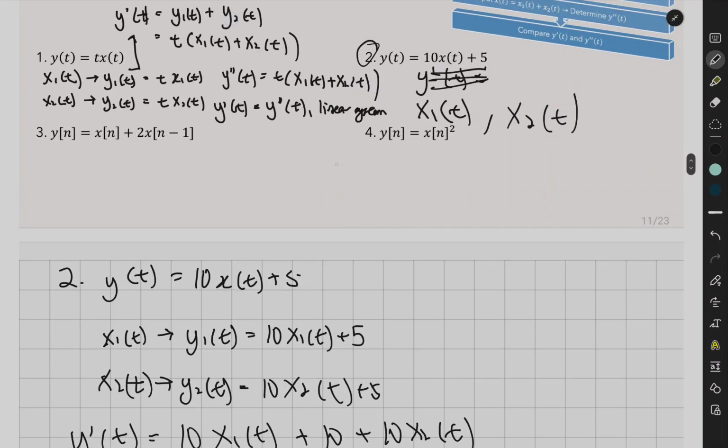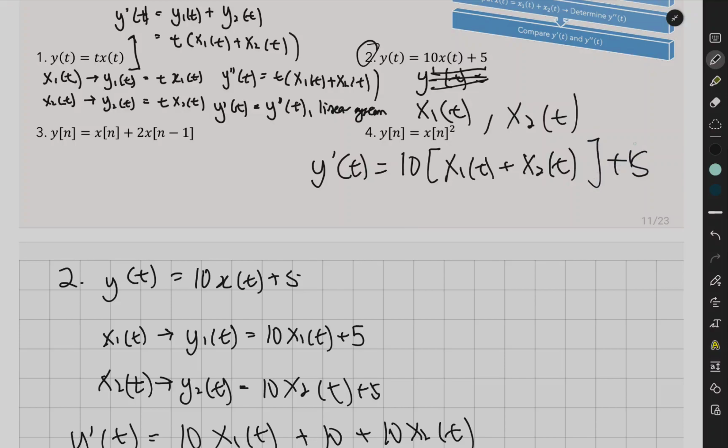We try the series connection first. Remember, series connection means the input is put into the same function. So 10x(t), where the input should be x1(t) plus x2(t). The input is in the same function. So this is series.